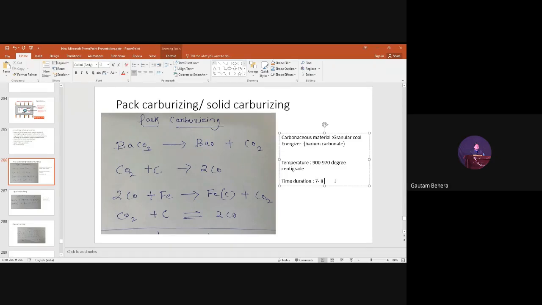More holding time means the carbon percentage will increase to more depth. Basically we choose a case depth of 2 to 3 mm maximum. That means from the surface up to 2 or 3 mm we increase the carbon percentage. And this is, as I told, the austenitizing temperature.